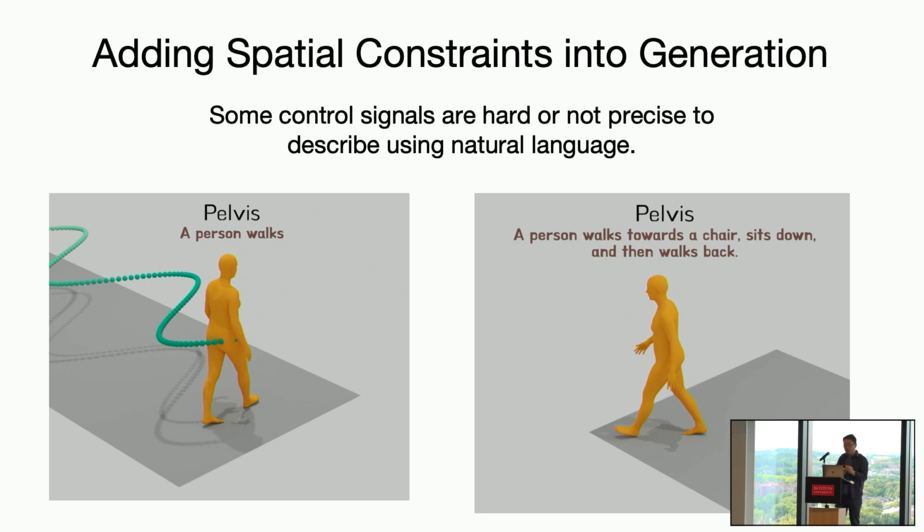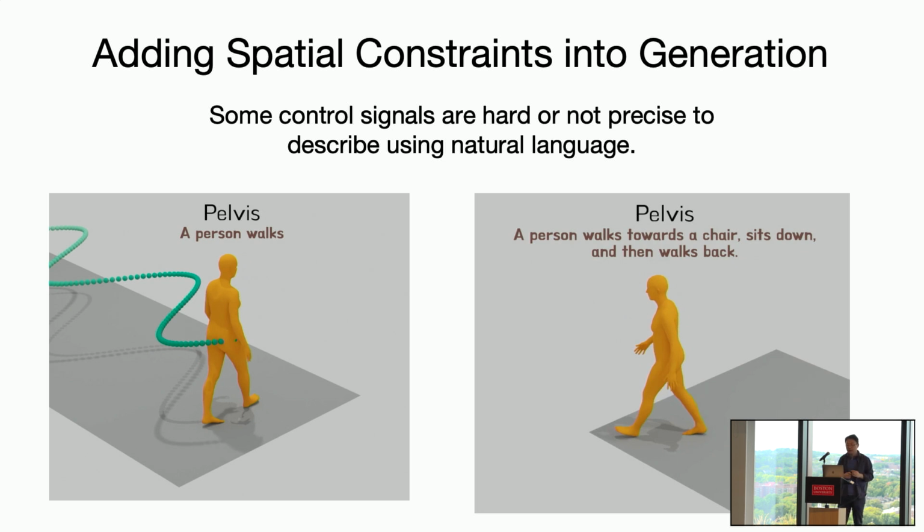What we're doing here is, in addition to taking a textual prompt as input, we can additionally input some control signals, for example, the trajectory of the S shape, telling the positions in the generated results, the positions of the pelvis of the person should follow this trajectory. It can be dense, like the S shape, or it can be sparse, like the surface of the chair.